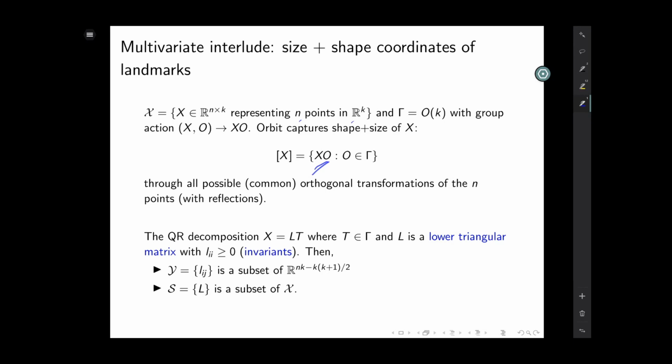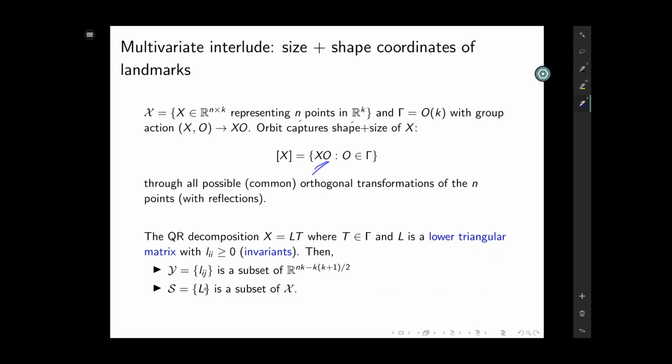In a similar way to what we did before, as a special case, instead of the spectral decomposition or the SPD, we look at the QR decomposition here because I don't have a square matrix. So I break it up into a lower triangular matrix and an orthogonal matrix, and I will make it unique by imposing conditions on the lower triangular one. And so the elements of the lower triangular matrix become the invariants. So the corresponding space Y, I could think of it as a vector containing all the elements of the lower triangular matrix.